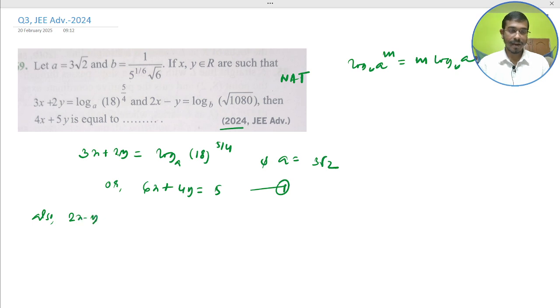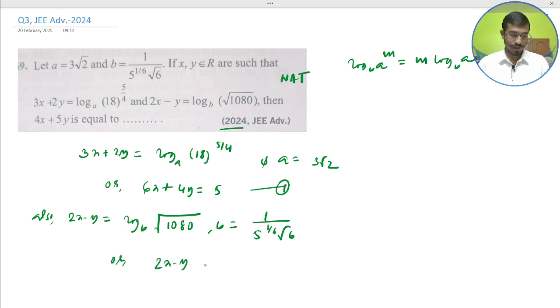Next, also twice x minus y equal to log base B of square root of 1080, and the B value is 1 by 5 to the power 1 by 6 root 6. Put this value of B here.